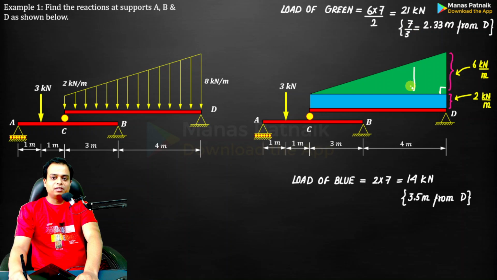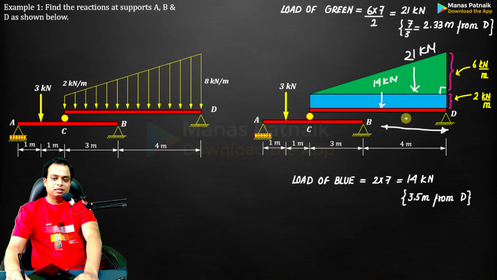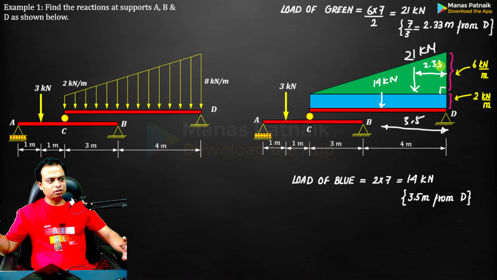This 21 will be somewhere here, 21 kilonewton. For the blue region, you have 7 multiplied by 2, 14, exactly here, 14 kilonewton. So this distance is 3.5, and this distance is L by 3, that is 7 by 3, which is 2.33. I hope you've got this.